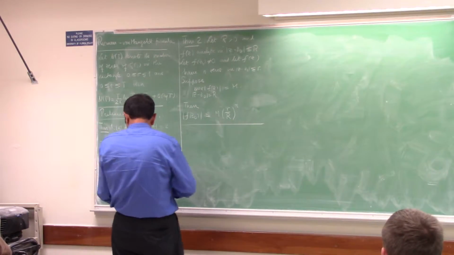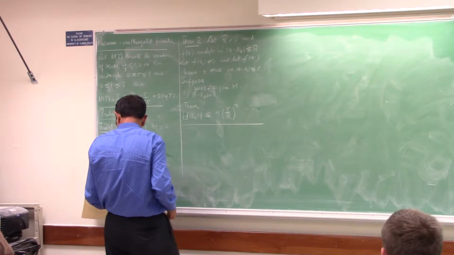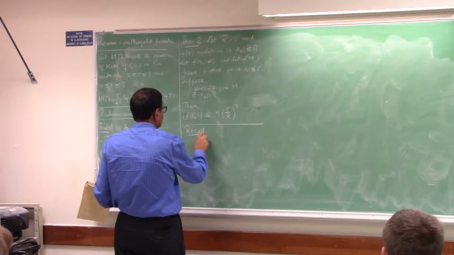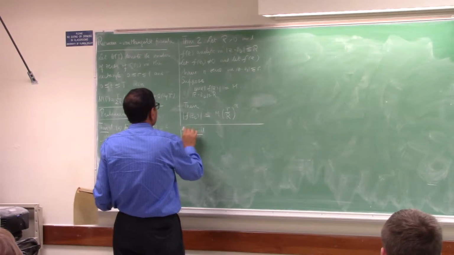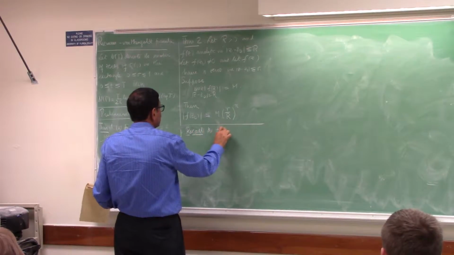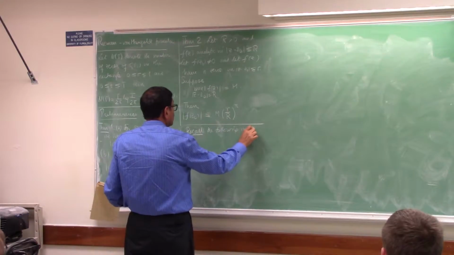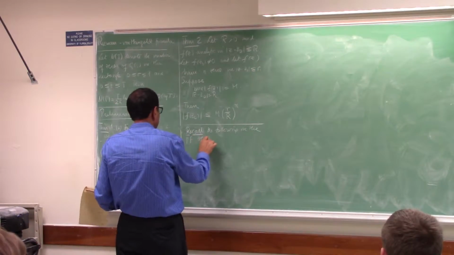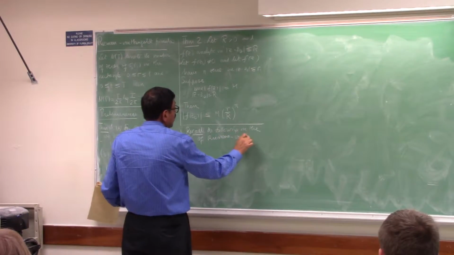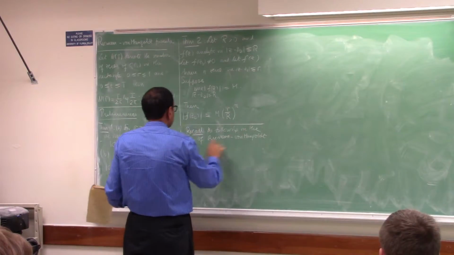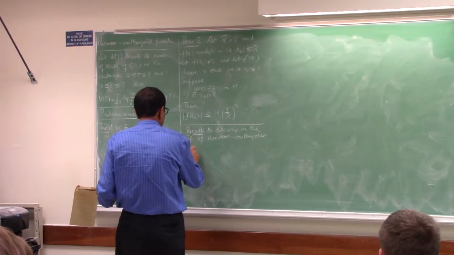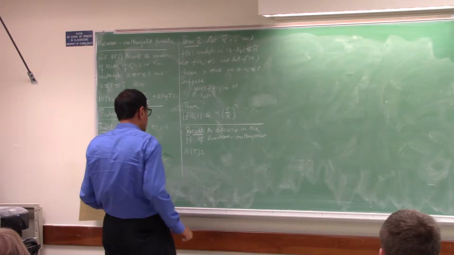Now, recall what we actually did. So this is what we actually had towards the proof. Okay? So, in the proof of the theorem, here's what we did. We first said N(T), by symmetry.